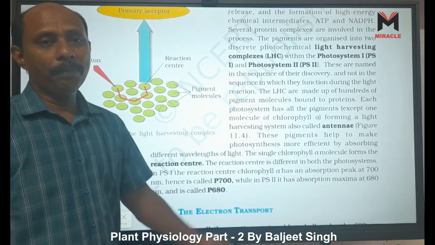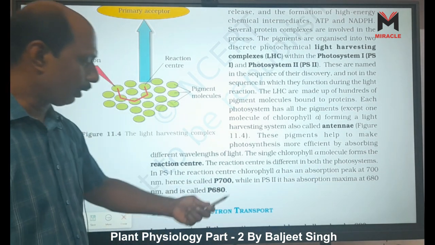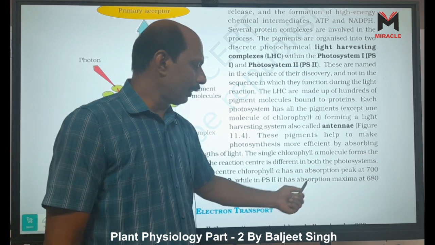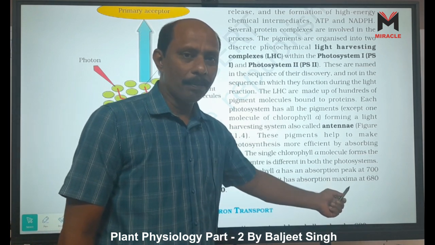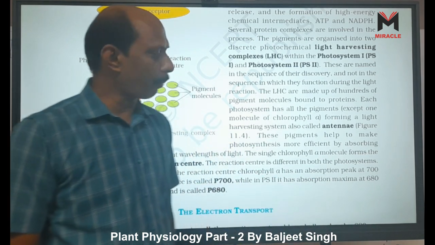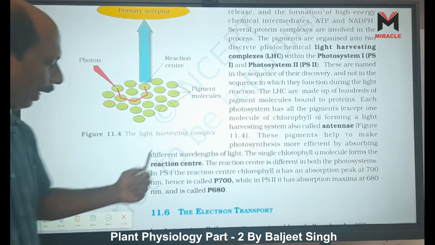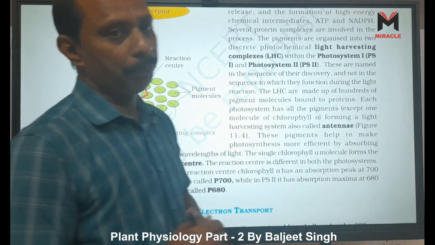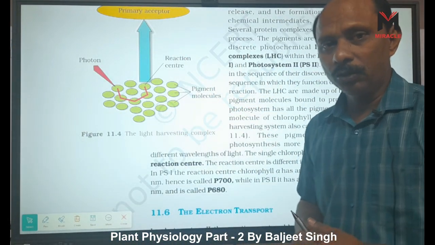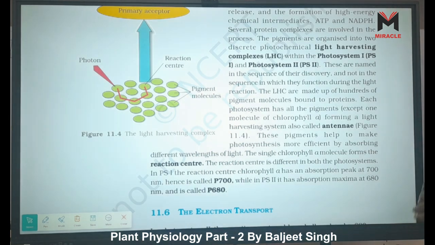Hence, it is called P700. While in PS second, it has absorption maxima, meaning maximum absorption, at 680 nanometer. Hence, it is called P680. So we can say PS1, P700, PS2, P680.